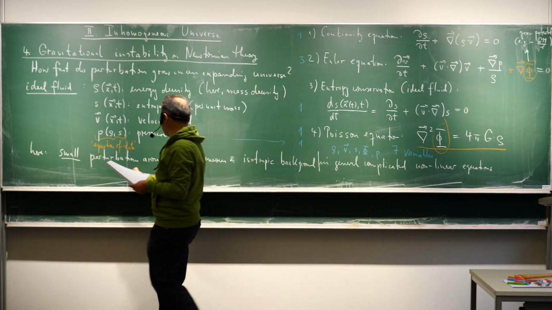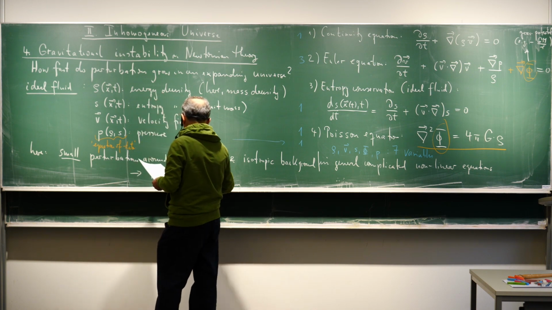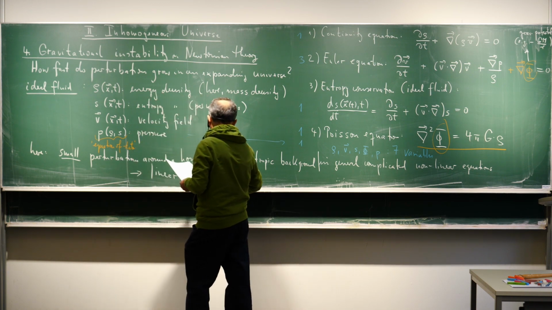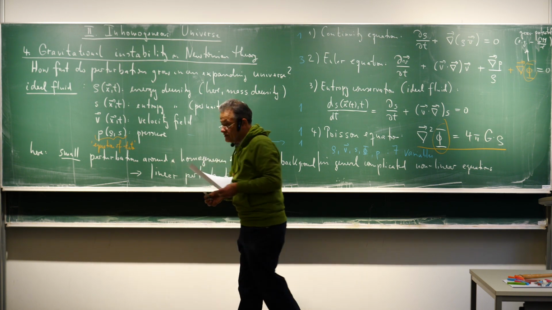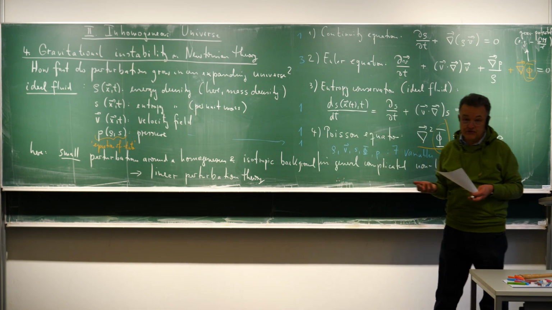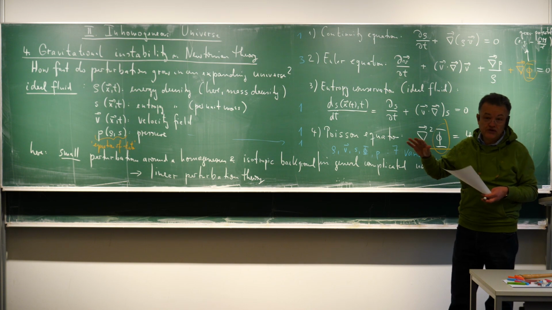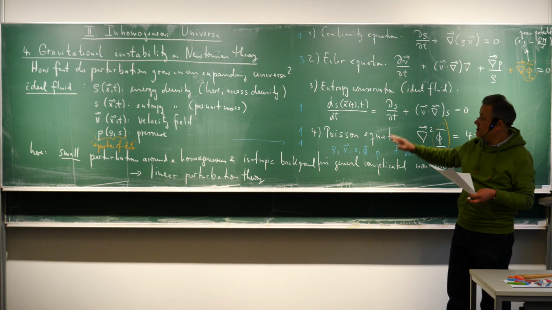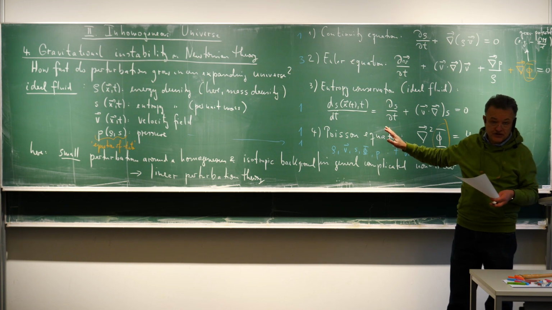And so this is what leads to linear perturbation theory. And you know from observations of the cosmic microwave background anisotropies that these perturbations initially were very small, of the order of 10 to minus 5. This is why in the context of the early universe this is fully sufficient and very good.